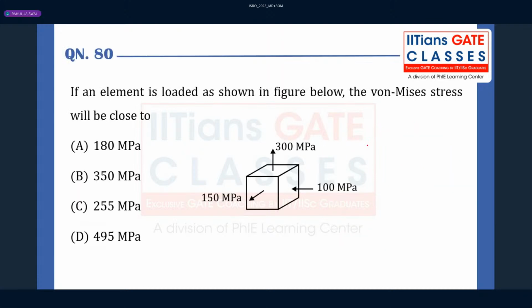Now, on to the last problem, and this is very important. They are asking what is the von Mises equivalent stress, right?